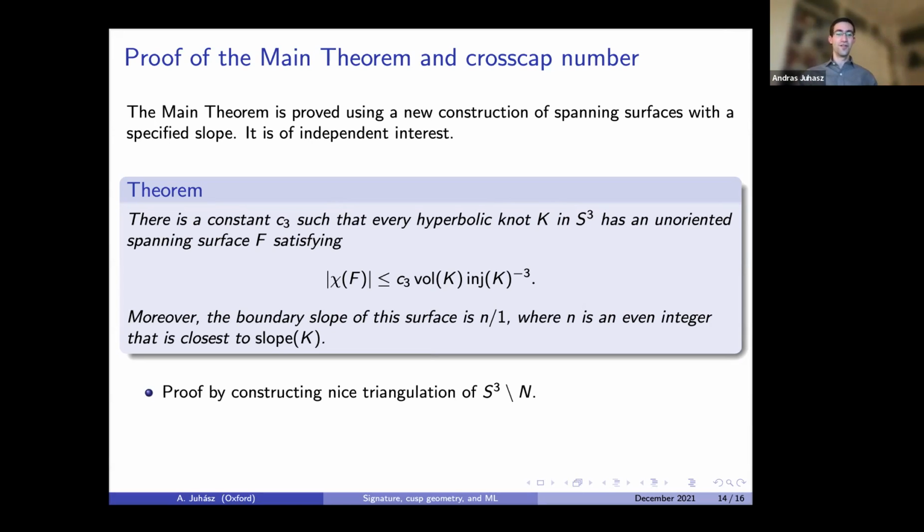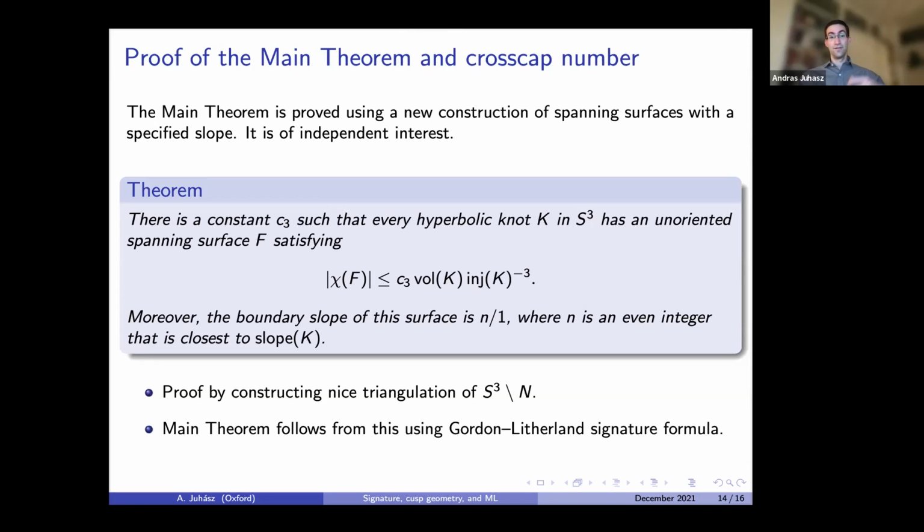And this is shown by constructing a nice triangulation of the complement of the maximal cusp neighborhood, where the number of tetrahedra is bounded by the volume of the knot and the injectivity radius.